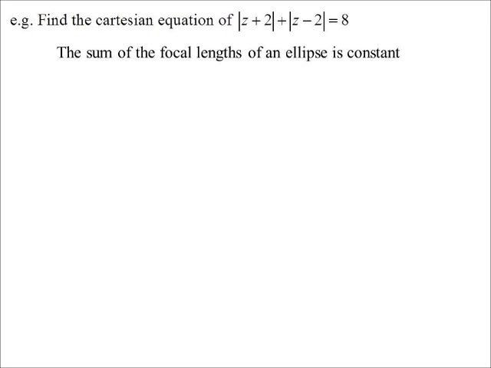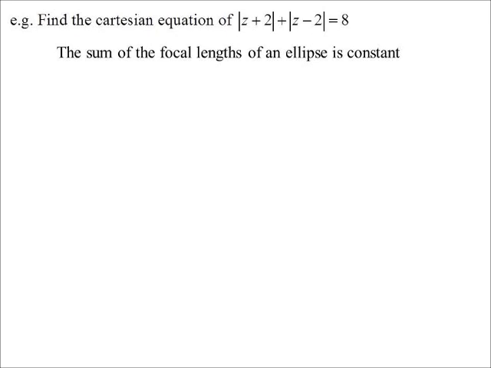Its distance to -2 plus its distance to +2 is always equal to 8, is a constant amount. Well, that's what we just proved. For an ellipse, we've got distance to one point plus distance to another point is a constant amount. It's an ellipse. That's what we got there.